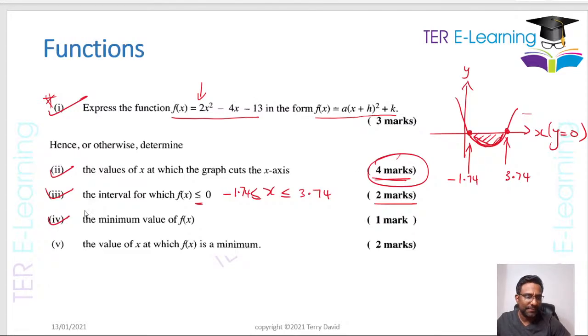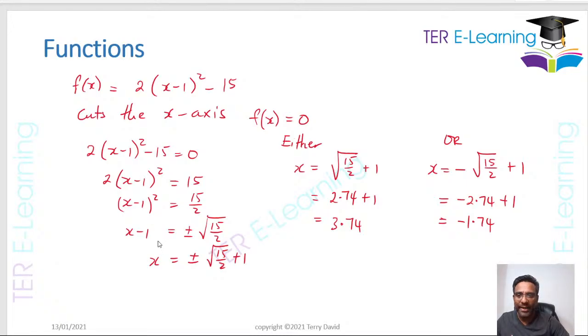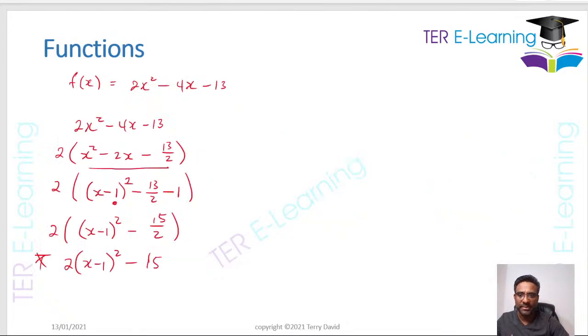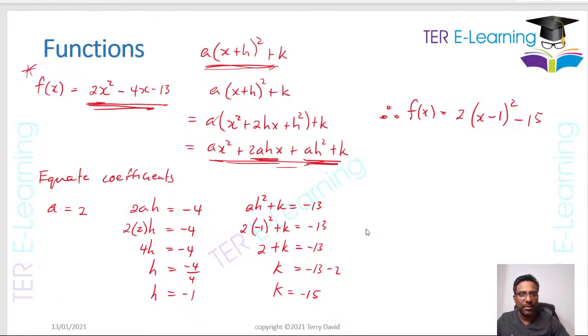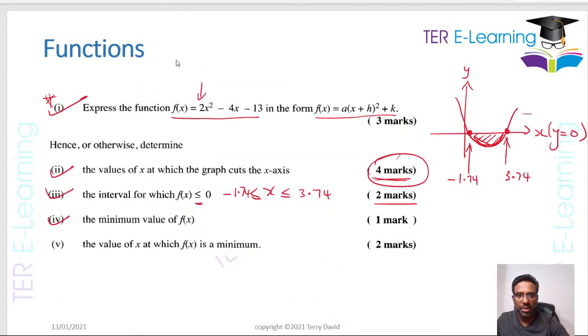Then part 4, right, they want to know what is the minimum value of f of x. Now here's the thing, whenever you complete the square, that is a very handy way of approaching a question like this. Once you complete the square, this is what my function looks like: f of x is equal to 2 open brackets x minus 1 squared minus 15, right?